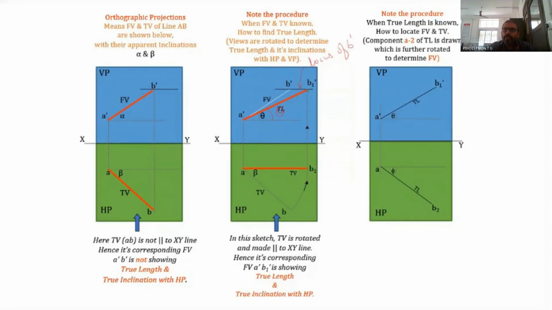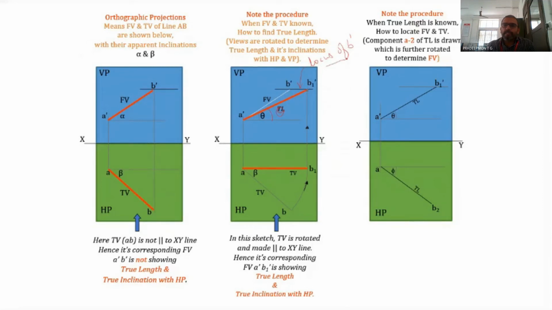Now we draw a horizontal line through B1 dash, and this line will be the locus of B dash. As I said in the previous case, a horizontal line through B dash is passing through B1 dash. So this is the locus of B dash.